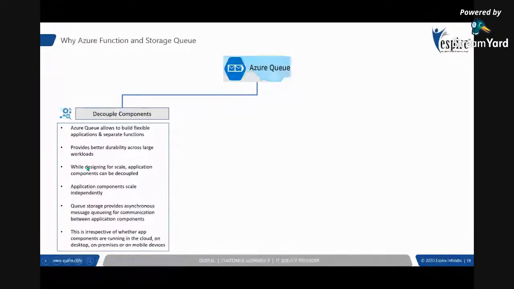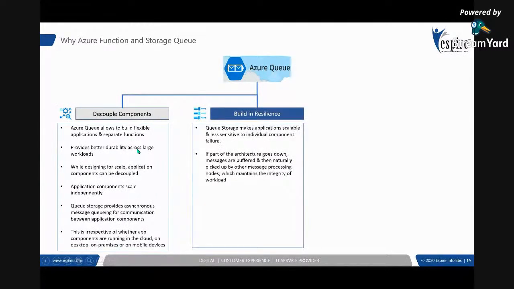Let's see what all the benefits are that decoupling provides, right? It's flexible. You can create multiple separate functions for separate logics. It provides durability, it provides scalability, and it's asynchronous. One problem that we discussed last time is also one of the core reasons why we utilize these functions asynchronously.